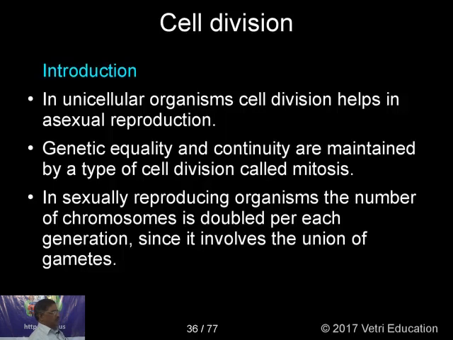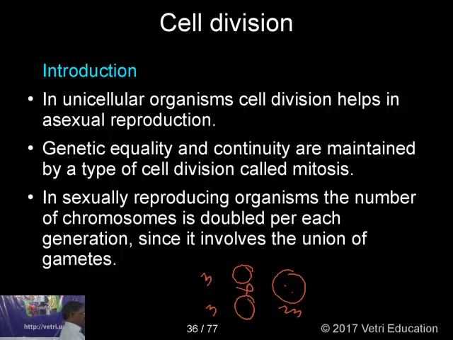In sexually reproducing organisms, the number of chromosomes is doubled per each generation, since it involves the union of gametes. In sexual reproduction, you can find the fusion of a male gamete with a female gamete. The male gamete has a haploid number of chromosomes and the female also has a haploid number. After fertilization, a zygote develops having both characters, and the total number becomes double, so the diploid number of chromosomes is found.